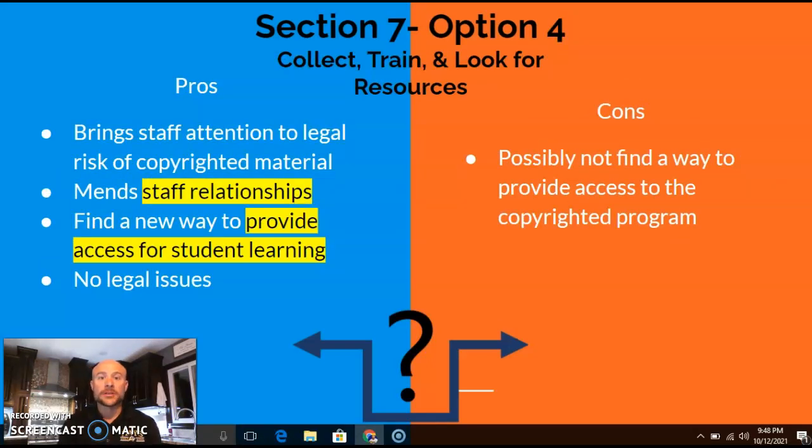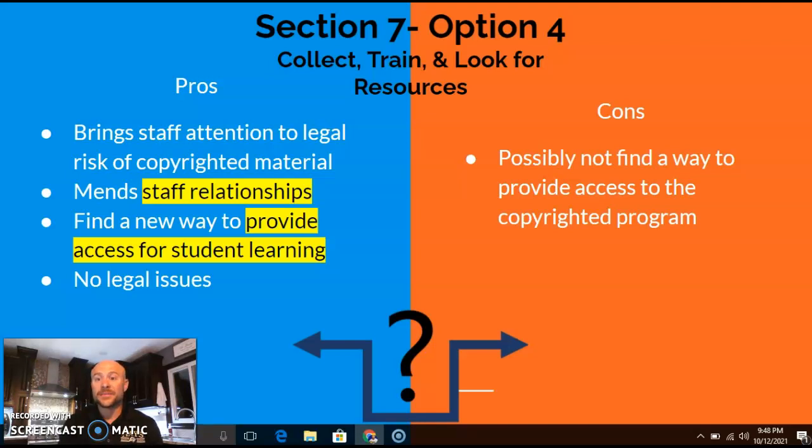Option 4, collect, train, and look for resources. Brings staff attention to legal risk of copyrighted material. Mend staff relationships by bringing us together and talking about resolutions and what we can and can't do. Find a new way to provide access for the students with that material and gets us out of legal issues.